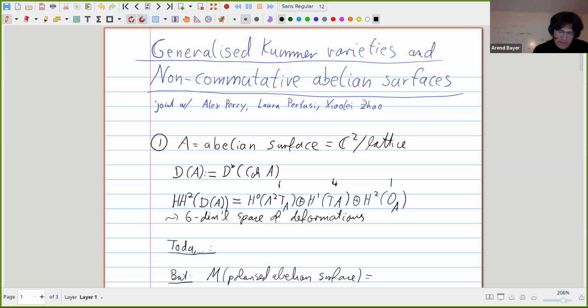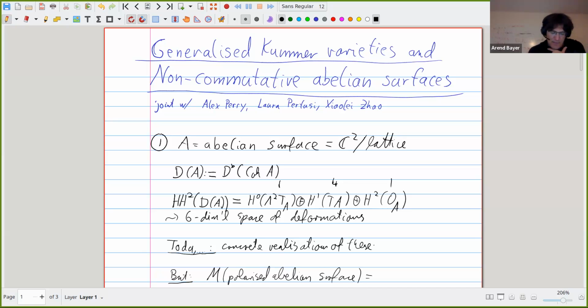What I'll mean by a non-commutative abelian surface is a category that's a deformation of this derived category, but that still preserves some algebraic properties. You can see immediately that we are missing out a lot by just looking at derived categories. Let me mention that Toda, building on work of others, gave concrete realizations of these deformations infinitesimally.